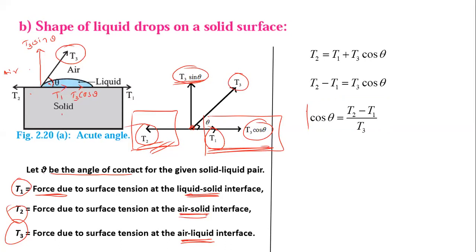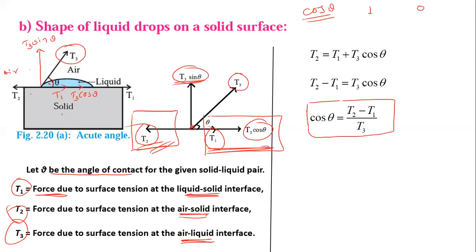Now pay attention. Everything we have to decide by using this formula only. You tell me how much is the maximum and minimum value of cos theta. Cos theta maximum value is 1, and minimum value is 0.